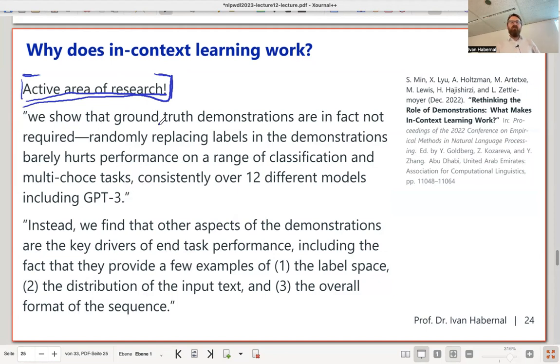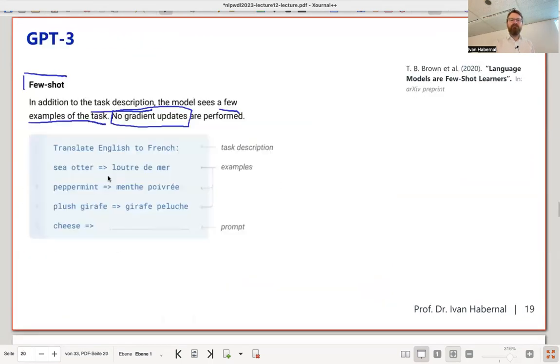They say: we show that ground truth demonstrations, the examples we're showing to GPT like the prompt, translate, and this is an example, are in fact not required. Randomly replacing labels in the demonstrations barely hurts performance on a range of classification and multi-choice tasks, consistently over 12 different models, including GPT-3. Which means if you randomly replace this and this, it won't move the needle, it will work maybe unchanged.